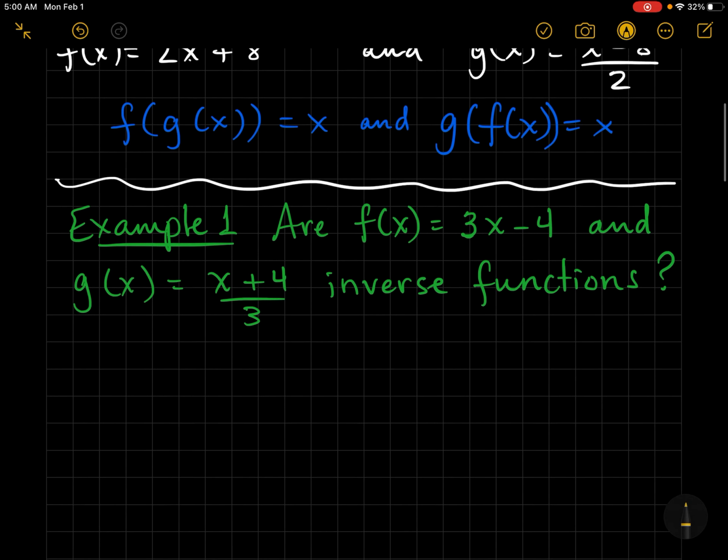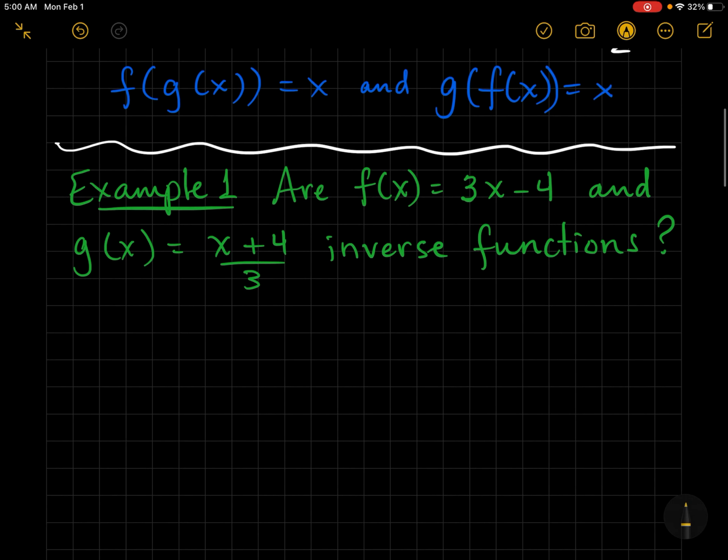Anyway, let's see how this is going to work. I'm going to first show you how to run a test to see if two functions are inverses. So, f of x is 3x minus 4. G of x is x plus 4, divided by 3.